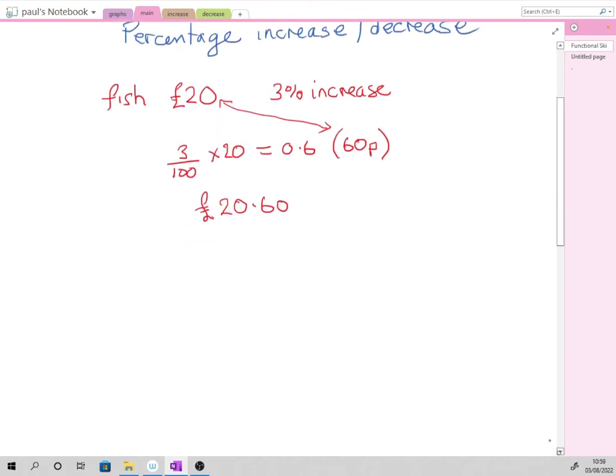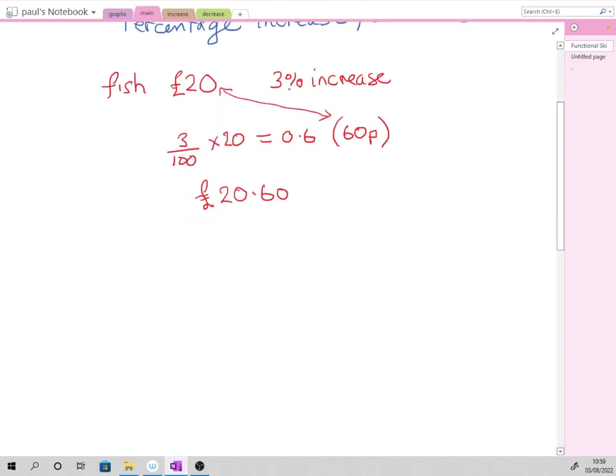And it doesn't matter what the numbers are, what the percentage increase or later on decrease is, it's exactly the same method. So say there's a sofa for sale in the shop, and there's a 7% increase. What's the new price? So we find 7% of 400.